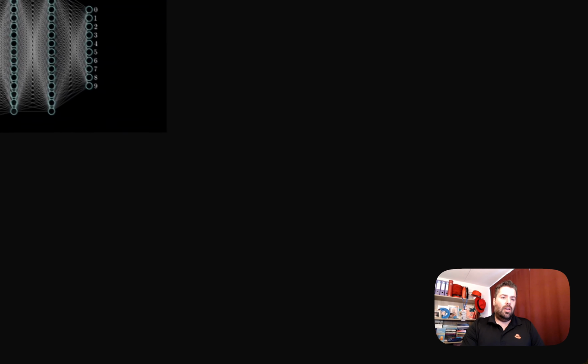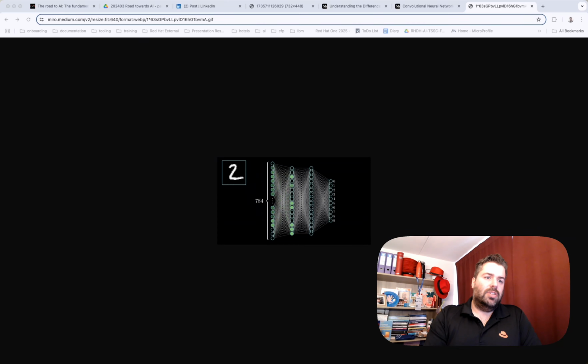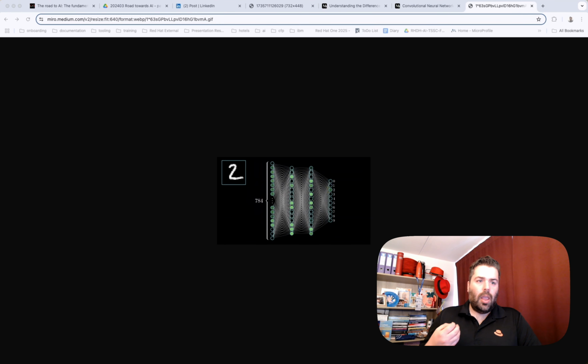These 10 neurons correspond to possible digits from 0 through 9. In other words, the network is basically asking itself, how likely is this image to be a 0, a 1, a 2, a 9? At each layer, the network assigns weights to the signals passing through, and it adds biases to control how these signals are combined.